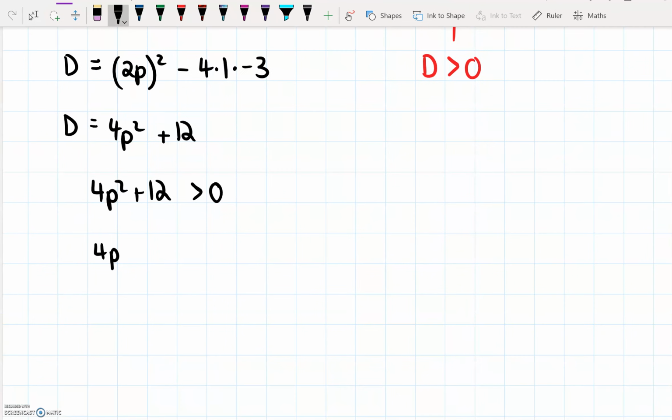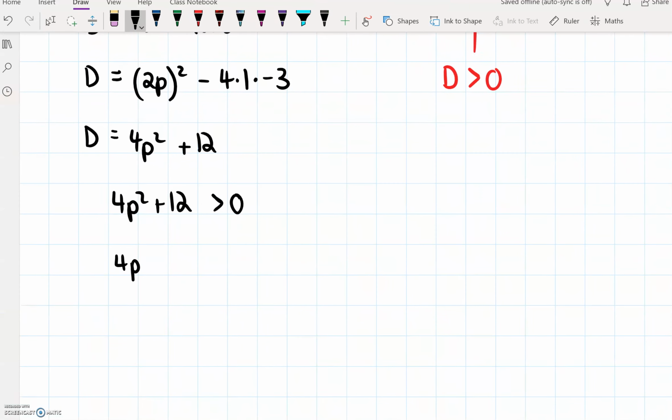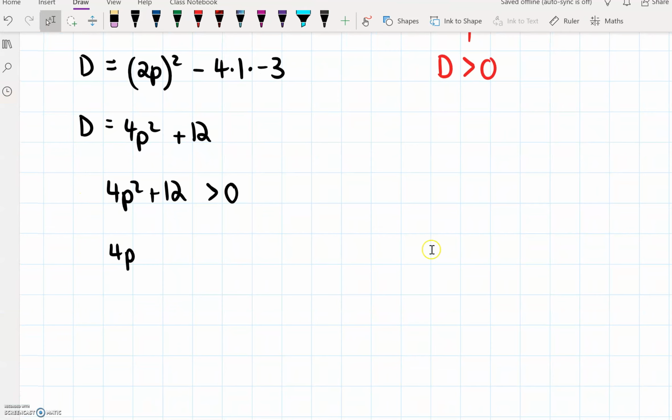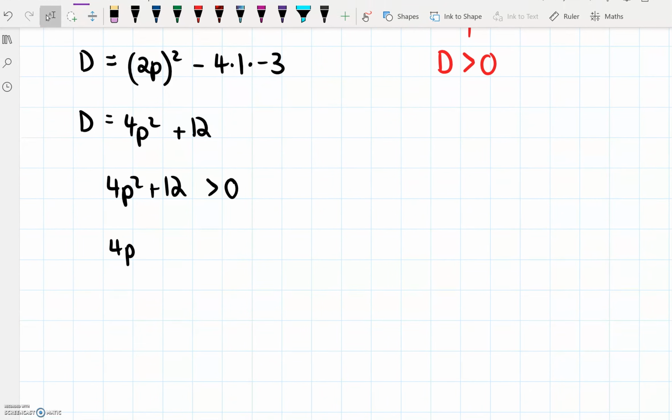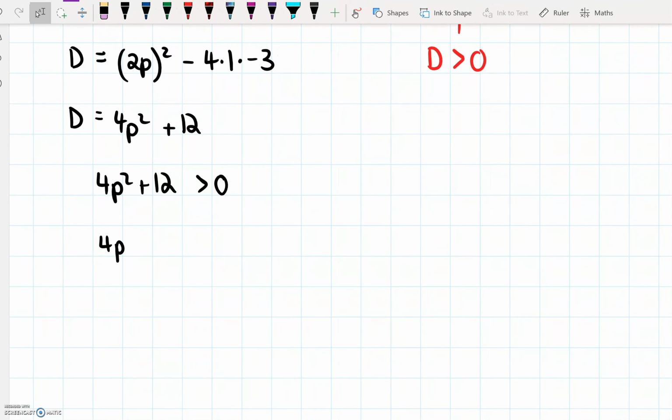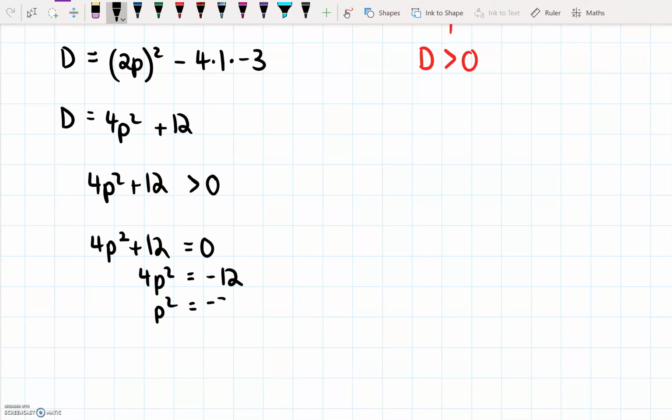So 4p squared plus 12 is equal to 0. So we have 4p squared is equal to minus 12. p squared is equal to minus 3, and p is going to be the square root of minus 3, or p is going to be the negative square root of minus 3.